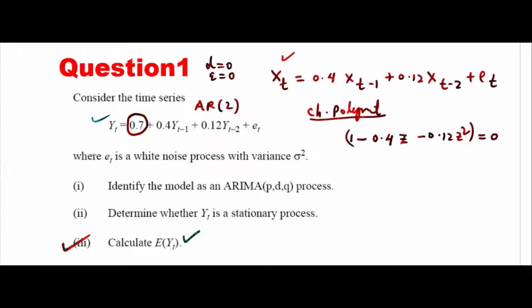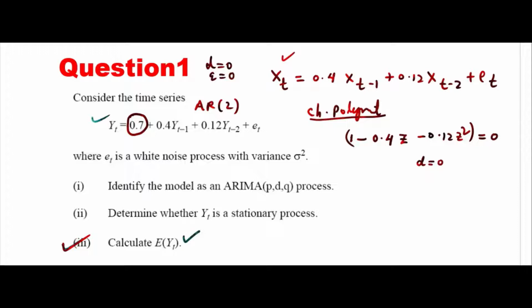So put 1 here and check that the left hand side is not equal to 0. So put 1 here: 1 minus 0.4 minus 0.12. This is not 0. If you put z equal to 1, the left hand side is not 0. That means 1 is not a root. Because 1 is not a root, there is no D here. D is 0. So how do you find D normally?